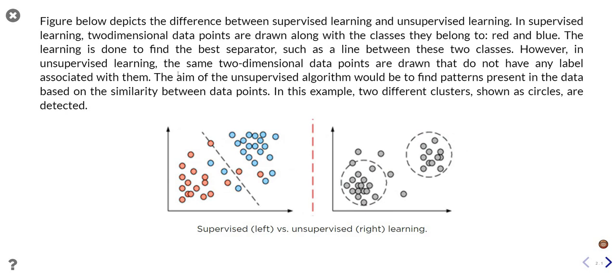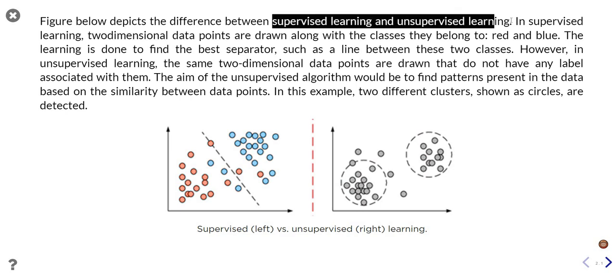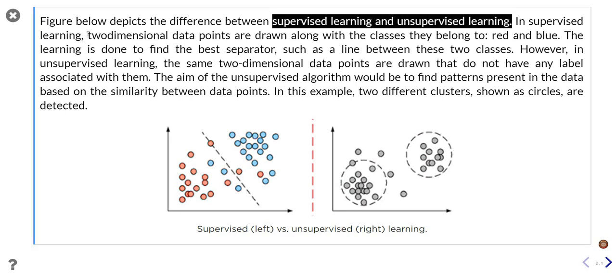So the first one is you can see the difference between supervised and unsupervised. Supervised is on the left. For example, in supervised learning, there are two-dimensional data points that are drawn along with the classes that they belong to, which is red and also blue.